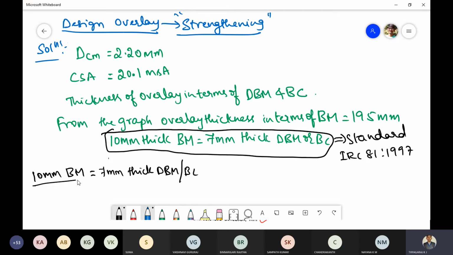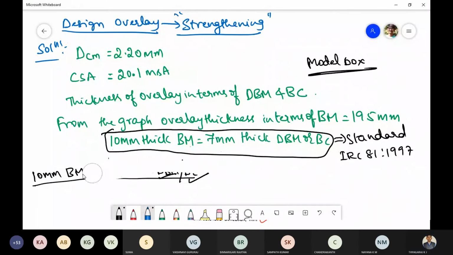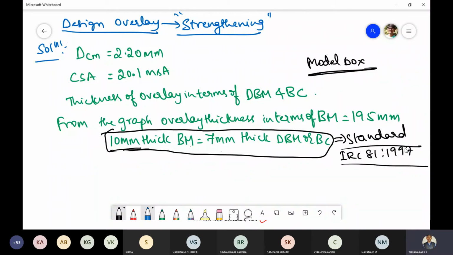This is the standard after carrying out some model box studies. They have arrived at this equation, that a 10 mm thick bituminous macadam is equal to 7 mm thick DBM or BC. This is the standard value. There is no derivation for this. It is provided in IRC 81.